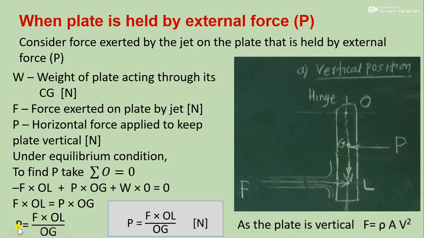So in terms of P, the equation will be P equals F into OL upon OG. This equation is used to find the value of P in the numerical. Now if we want to find F, this is the flat plate case. So for a flat plate, the force exerted by the jet, which we have already derived, is rho a v square.